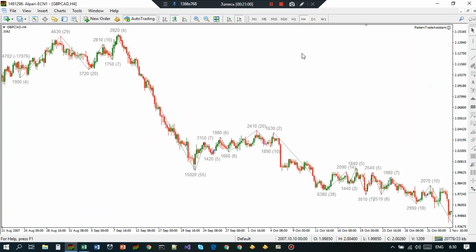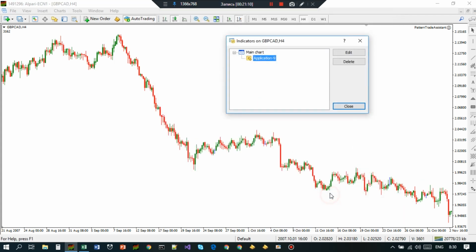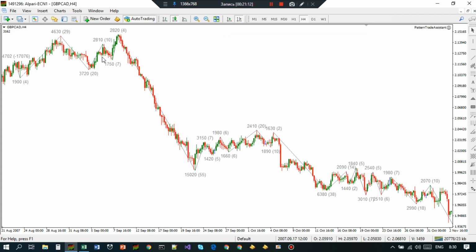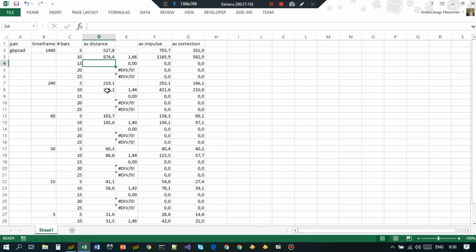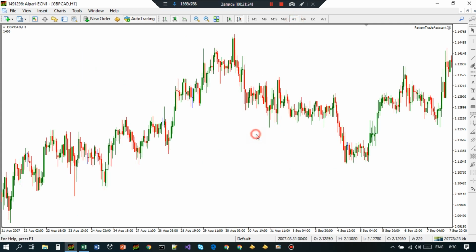So let me go to 4 hour. Let me go home. Why doesn't it go home? It should go home deeper. Let me reload the indicator. I'll just reinitialize that. And this is 316.2. Here we had a more or less precise calculation.